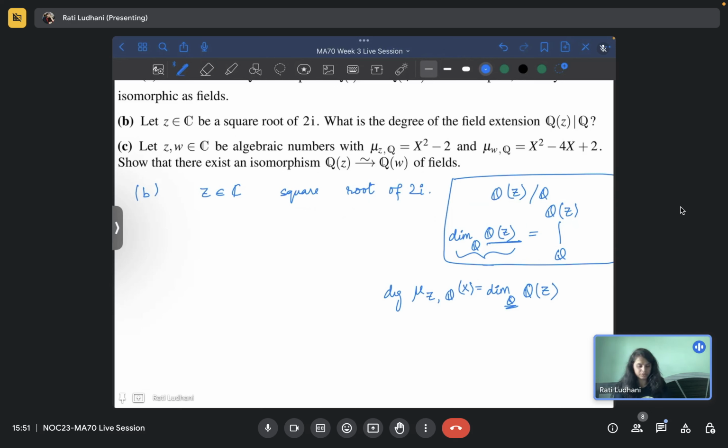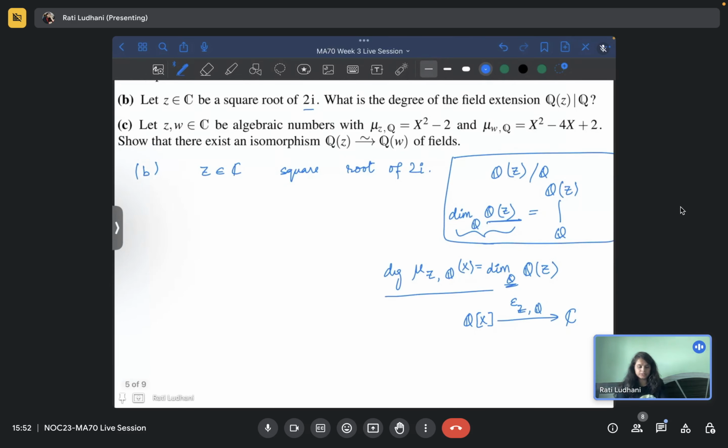So from the mapping, evaluation at z, we are talking about 2i, so we can always take the algebraically closed field C, which is a Q algebra, and you have Q[x]. Again from the kernel we will get this thing.